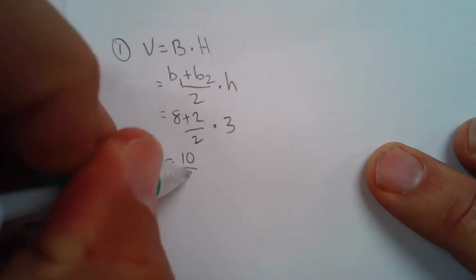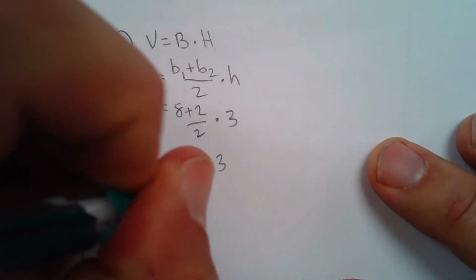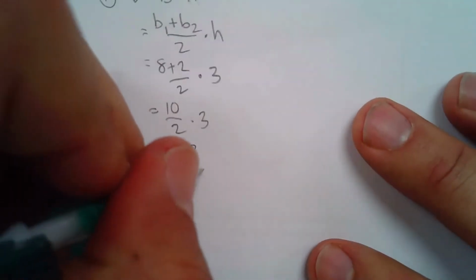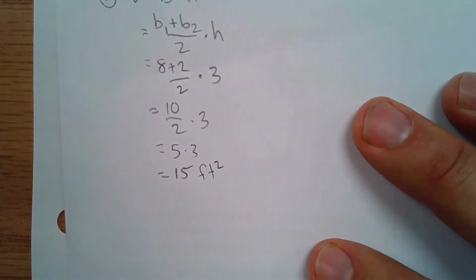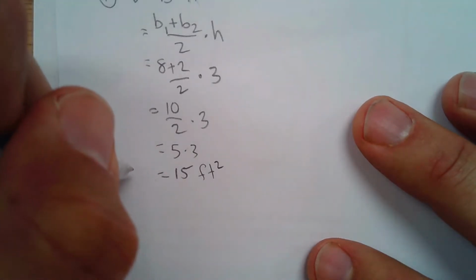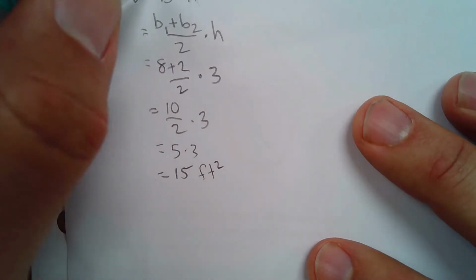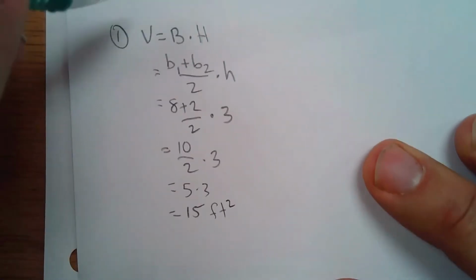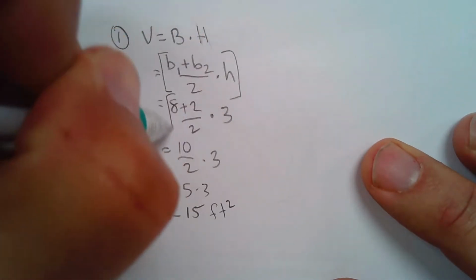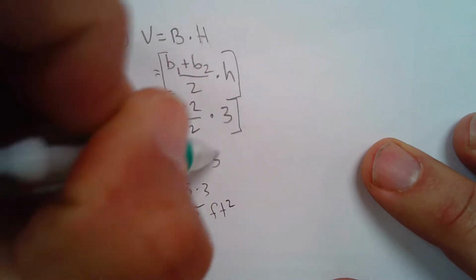So that's 10 divided by 2 times 3, which is 5 times 3. That means the area is 15 square feet. We multiply that area by the height of the prism. All along here, I was finding the base area, so I'll put this in brackets.